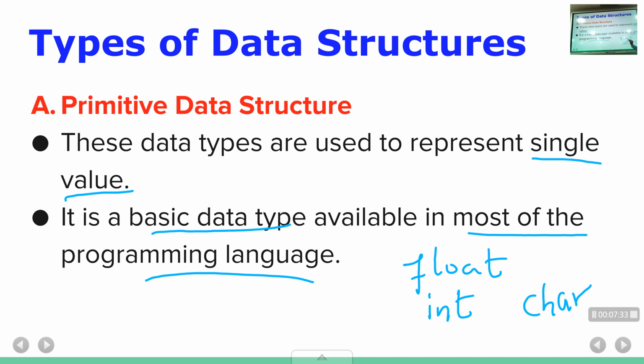Floating point is used to store any values having decimal points. Integers are used to store values without decimal points, and characters are used to store any variable of the type character, that means letters. And then there are various variations of this, like long integer and so on.